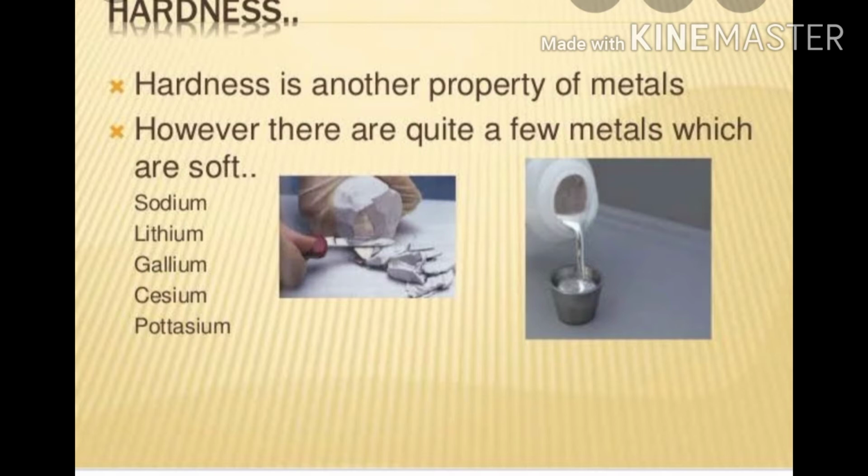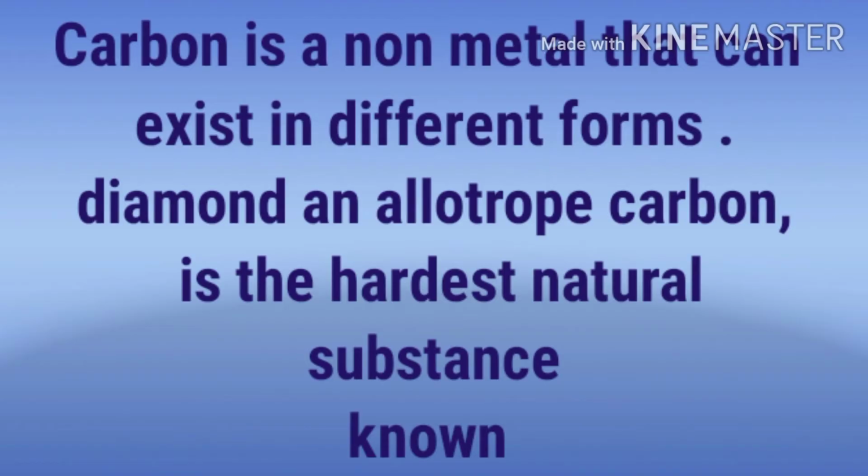They even possess low density and have a low melting point. Carbon is a non-metal that can exist in different forms. Diamond, an allotrope and one form of carbon, is the hardest natural substance known.